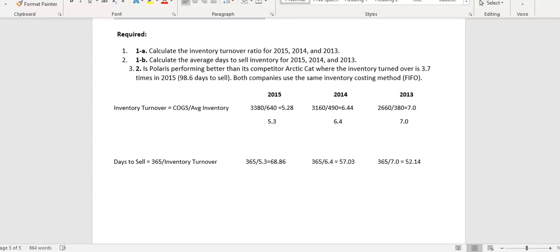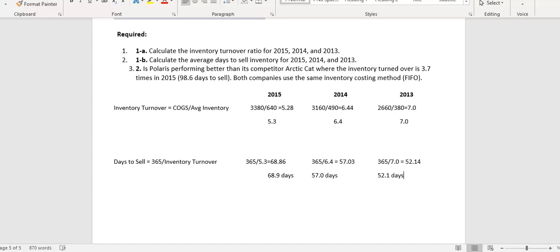So again, rounded. Let's take a look at these. If we round to the nearest tenth of a day, 68.9 days. Here we would have 57.0 days in inventory, and then 2013, 52.1 days.